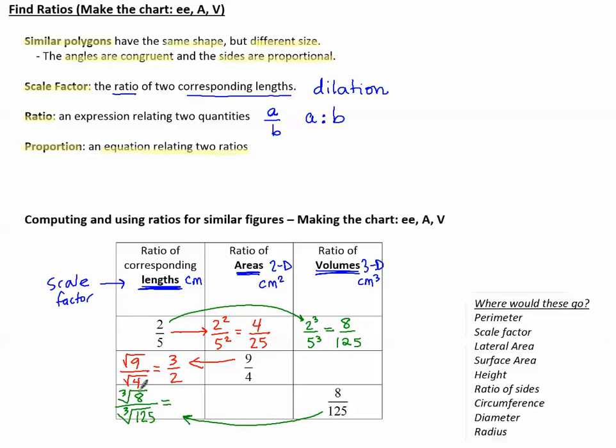The cube root of 8 is 2 because 2 cubed makes 8, and the cube root of 125 is 5. So that's going backwards from volumes to scale factors.